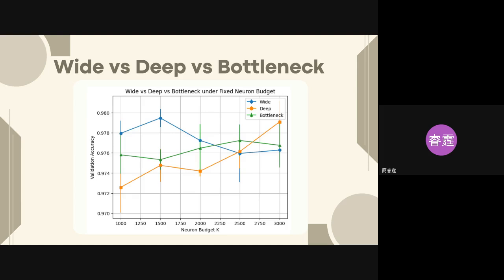Overall, the graph shows that the total number of neurons is not the only important thing, how we arrange the neurons also matters. And wide is better when the budget is small, and deep benefits more when the budget becomes larger. And bottleneck is the most stable and balanced design.